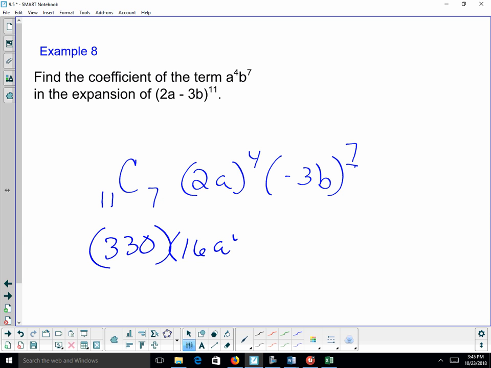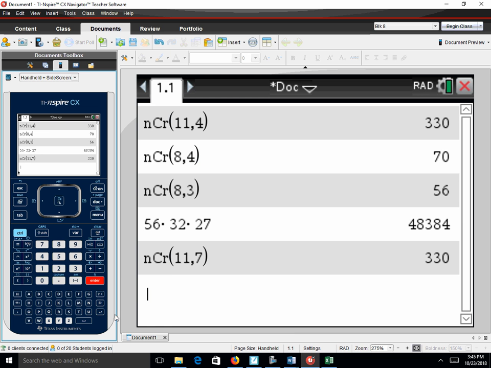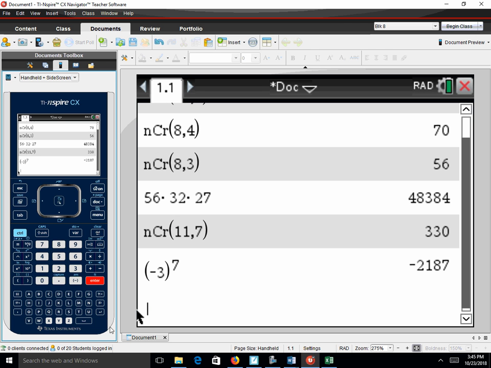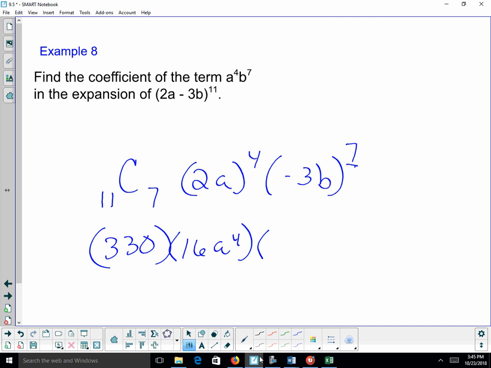That'll be 16a to the 4th. And then negative 3 to the 7th. I can't do that in my head. And I know it's going to be negative, but you should be in the habit of putting it into parentheses just to carry that sign. And I get negative 2,187. And then this is b to the 7th.